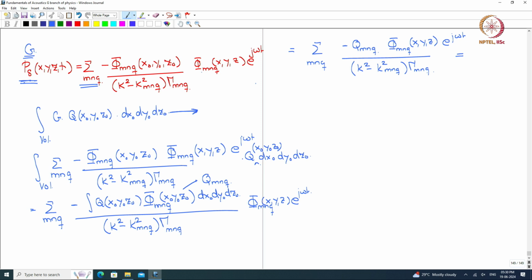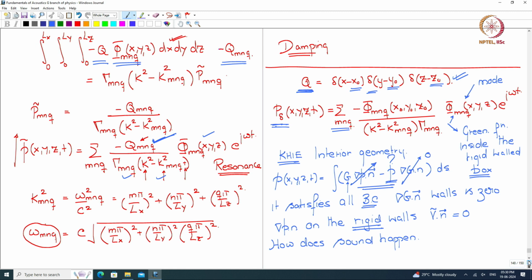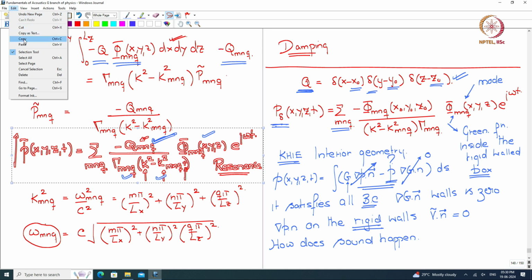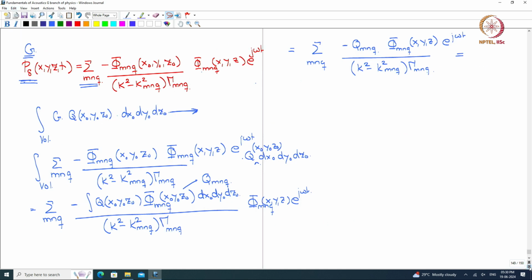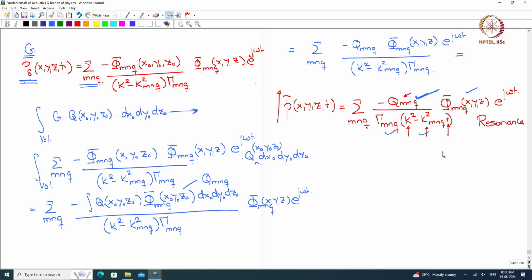Now if I compare it with this pressure term that we computed, copy and paste, minus q m n q, phi m n q of x y z, e to the power j omega t, and the same denominator.